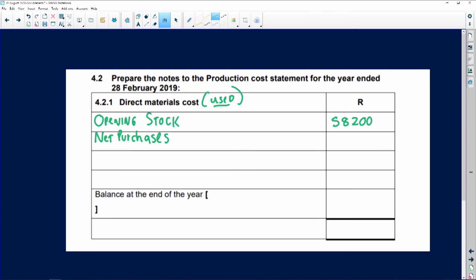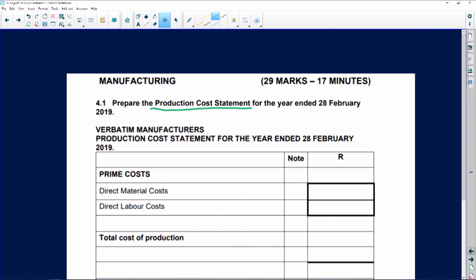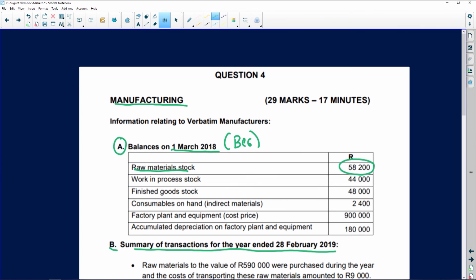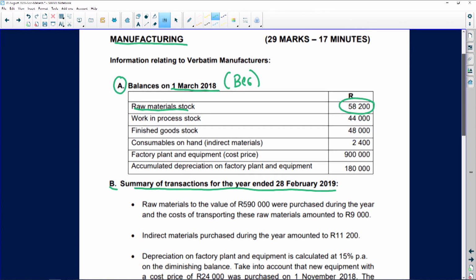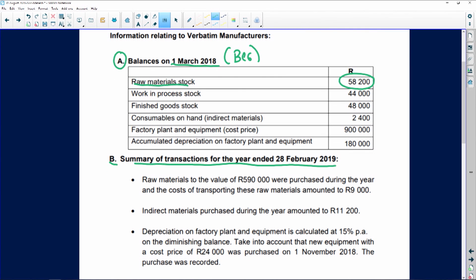Right, so net purchases, let's go back to our information, and now we're looking at our transactions for the year. Right, so from the information given, raw materials to the value of 590,000 Rand were purchased during the year, and the cost of transporting these raw materials amounted to 9,000 Rand.